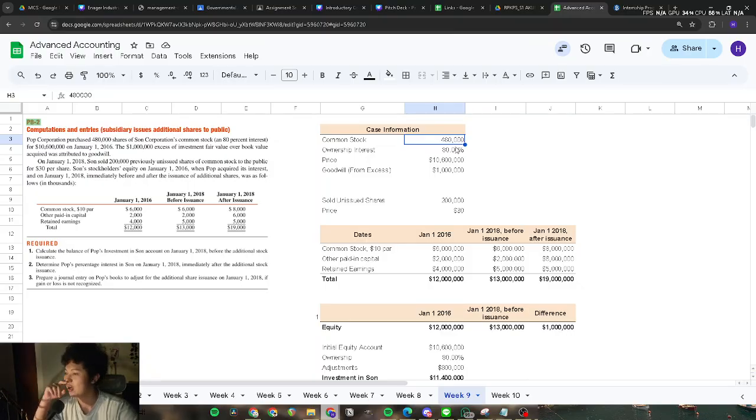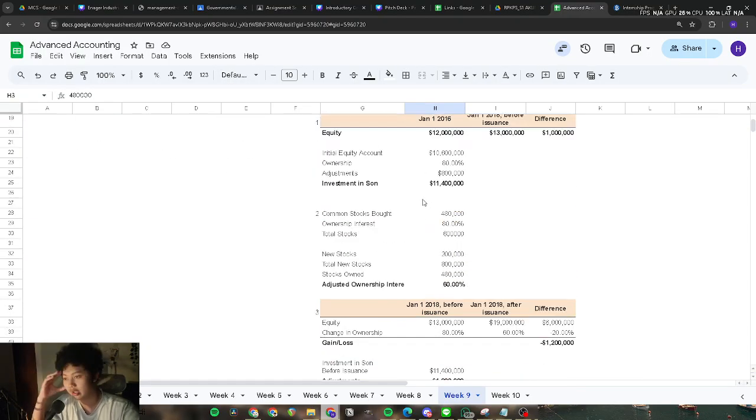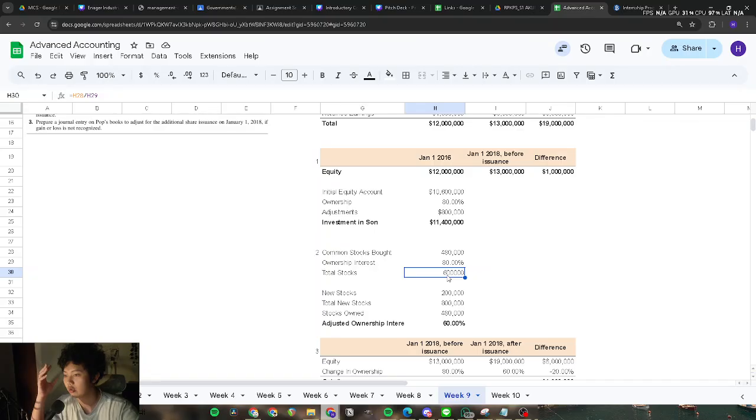Okay, so we need to know what would be the 100%. If 480 is the 80%, then what would be the total amount of stocks in the pool? With simple maths, you can find that the total stocks will be 480 divided by 80%, and that should give us 600. I think, let me just format it real quick.